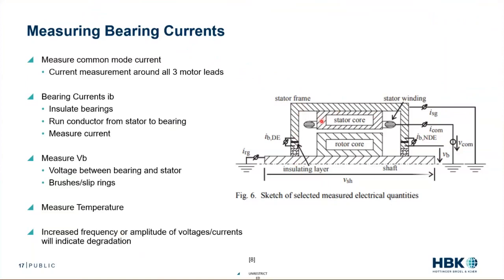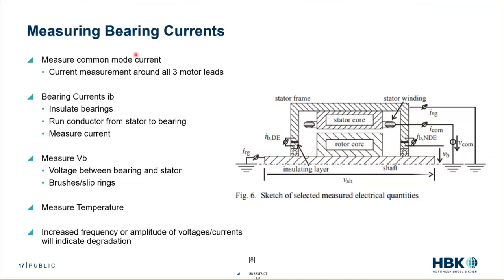We have our stator that is highlighted by this outside slashed lines. We have a rotor, the inside slashed lines. The winding is kind of this cutaway here on the ends. And these bearings are this lot of slashes going on. So we can measure the common mode current. We have 3 phases coming into the motor.